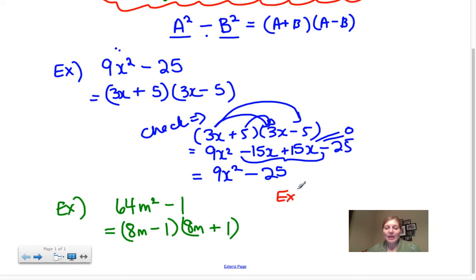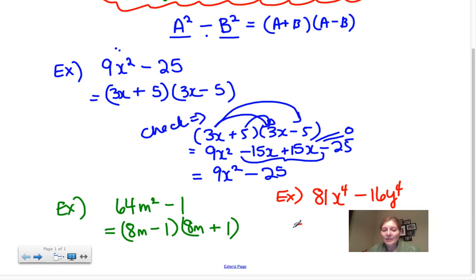Let's say you have 81x to the fourth minus 16y to the fourth. Now, we can take the square root of x to the fourth.